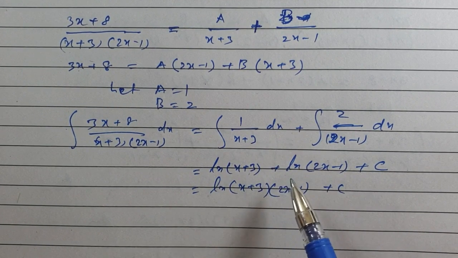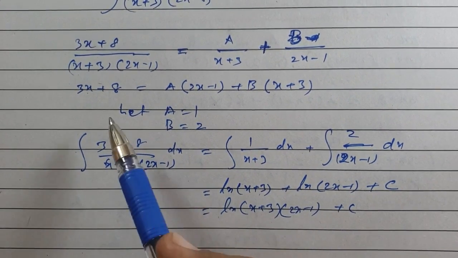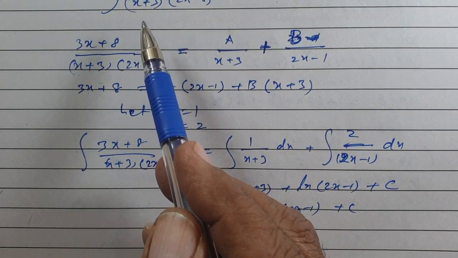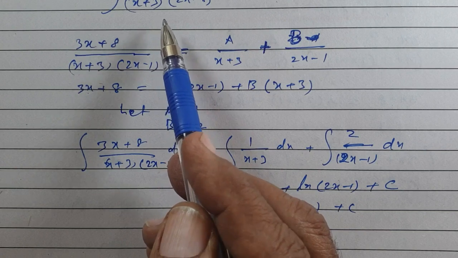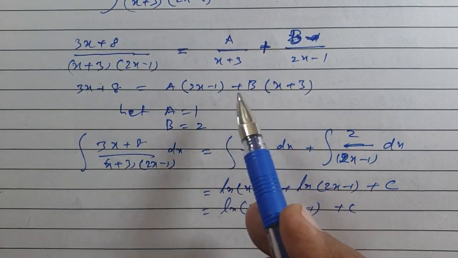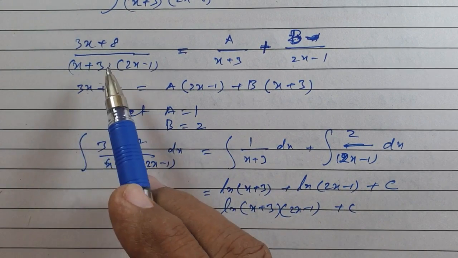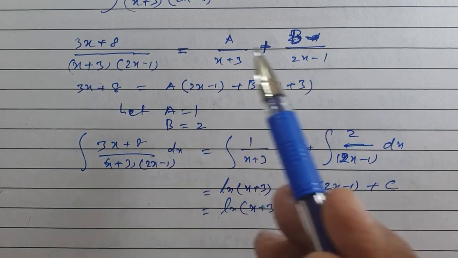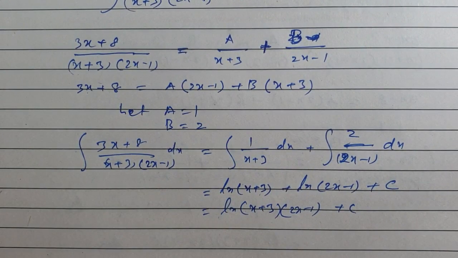There is no problem. So when you find some factors in the denominator, your first preference should be to resolve it in partial fractions. We change this kind of big function into some portions and evaluate. This is why we make the partial fractions.